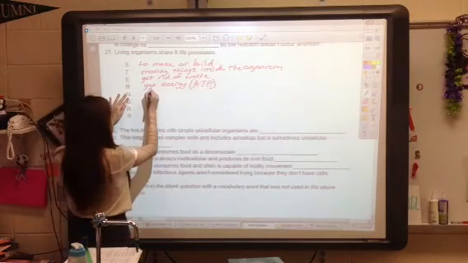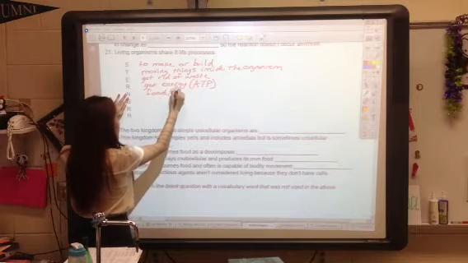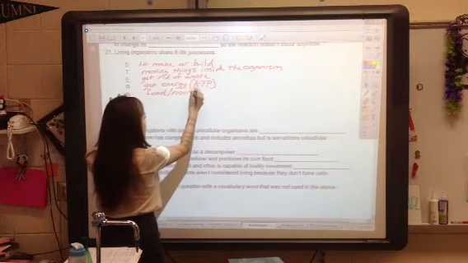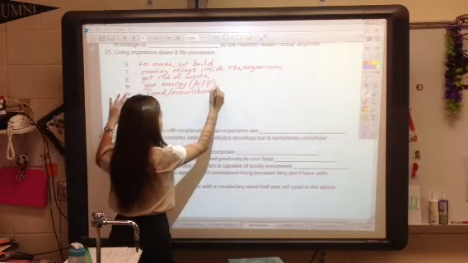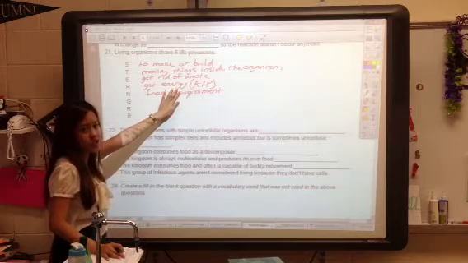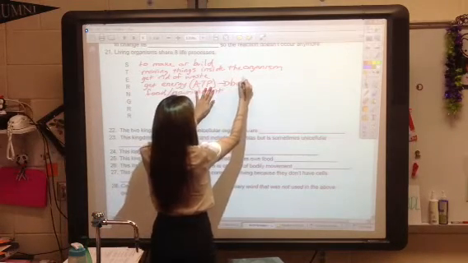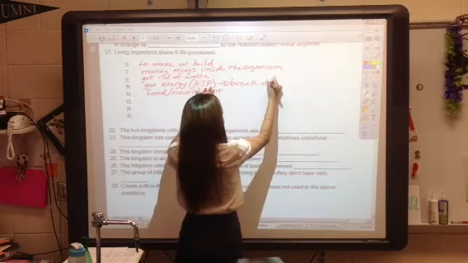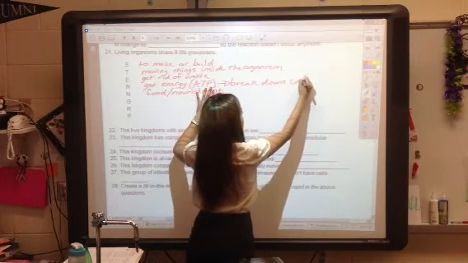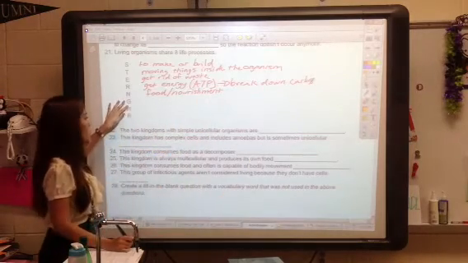N is food or nourishment. Okay? You're getting food, so eventually you can use it to get energy. With getting energy, you actually have to break down carbs, and those are carbohydrates, okay? Breaking down those sugars that we've talked about.